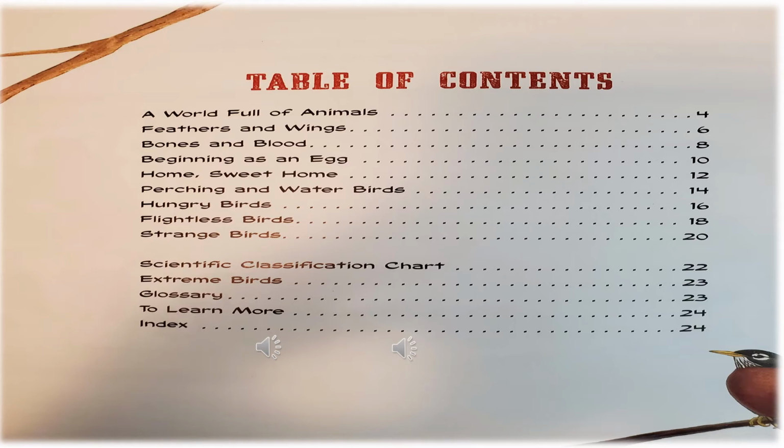We have the glossary that we can find on page 23 as well. And there's a section to learn more and the index, which are both found on page 24.